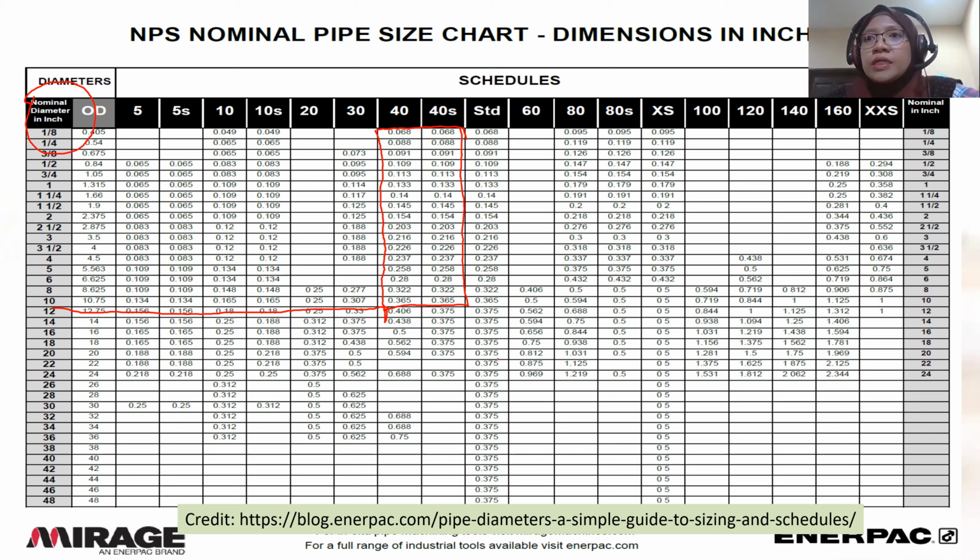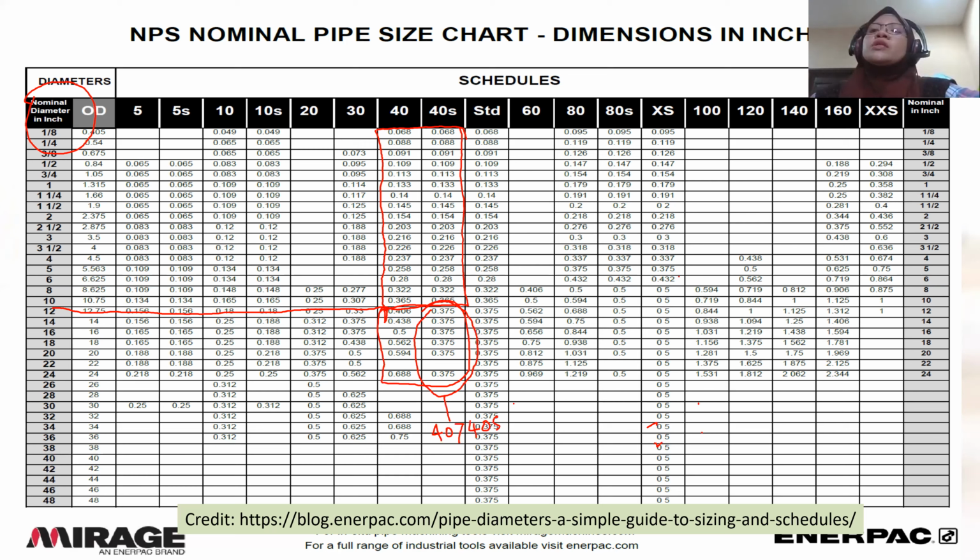At this point, the value differs. Schedule 40 and 40S are different, so 40S is a bit thinner compared to 40.